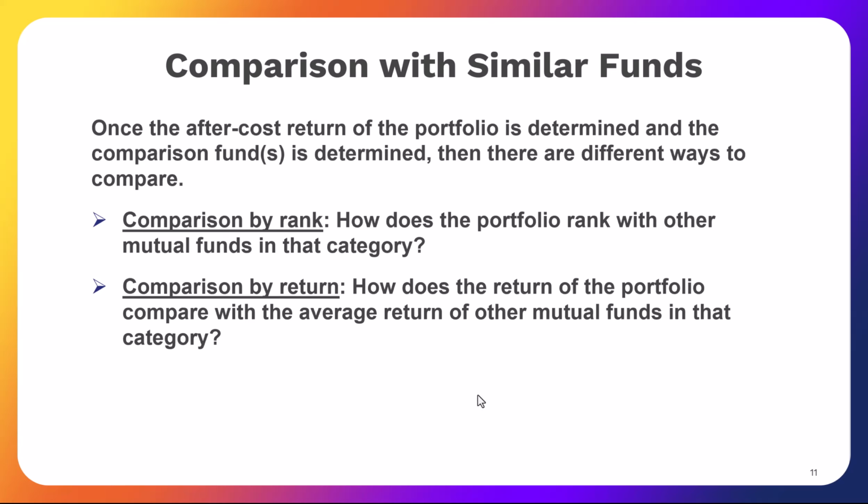Once the after cost return of the portfolio is determined and the comparison funds are determined, then there are different ways we need to compare them. We can make comparisons by rank, right? How does that portfolio rank within the mutual funds in that category?